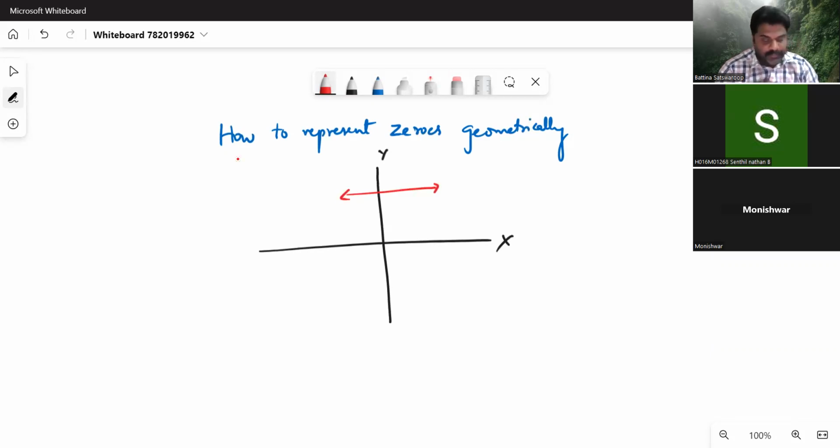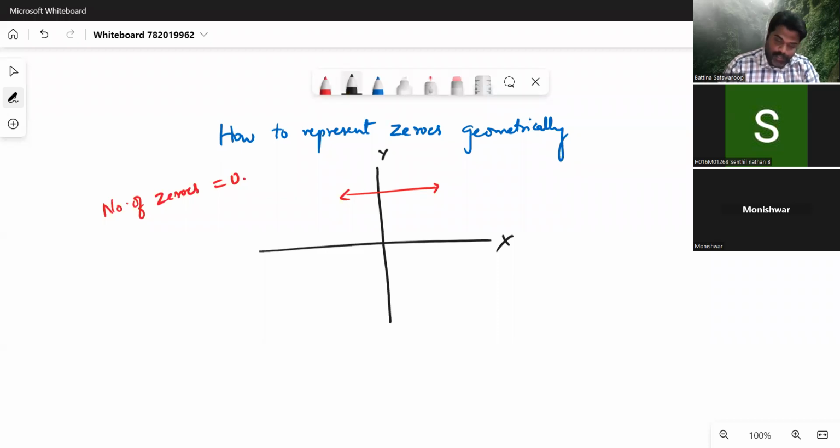How many zeros are there in this particular thing? See, the number of zeros will be nothing but the number of times the line cuts the x-axis. So here if you observe, the graph does not touch the x-axis. There is no contact with x-axis, correct? Therefore, the number of zeros are 0.